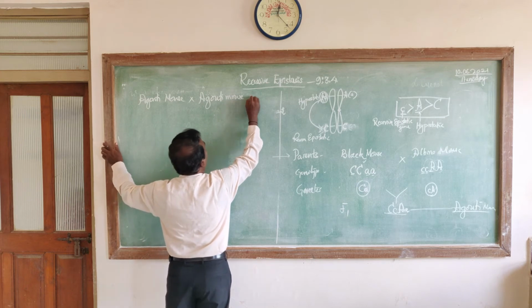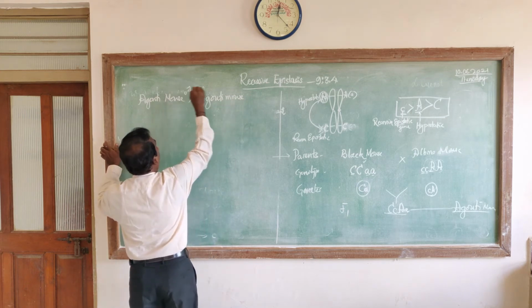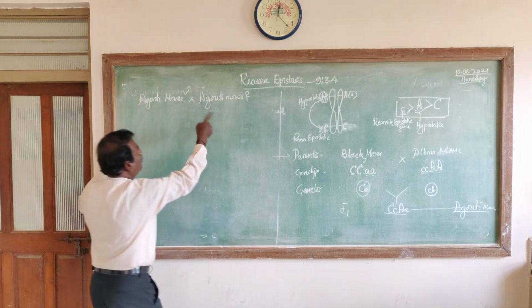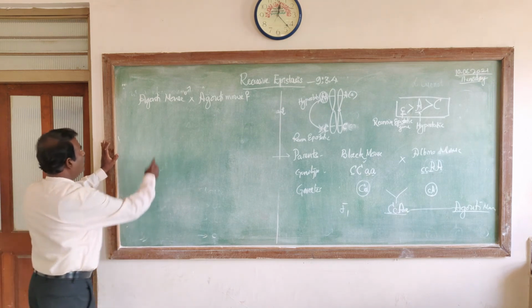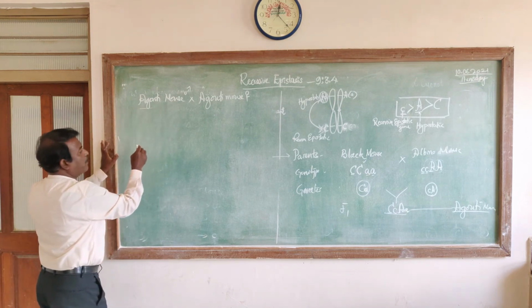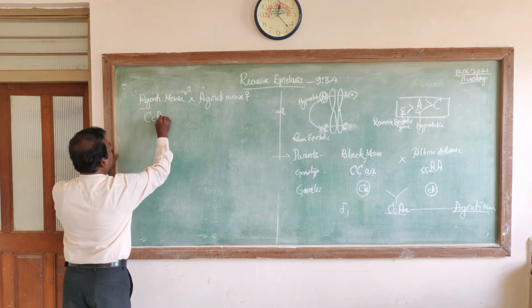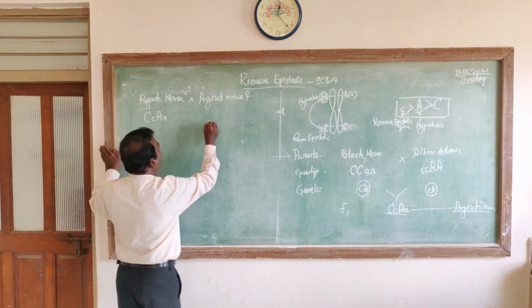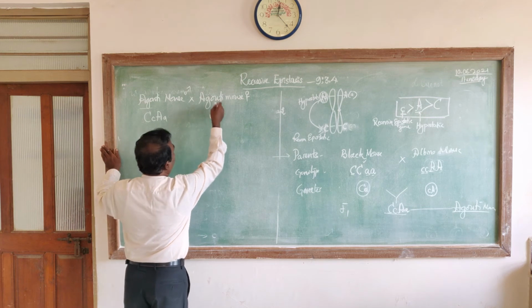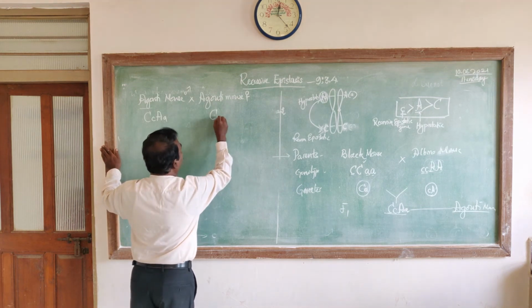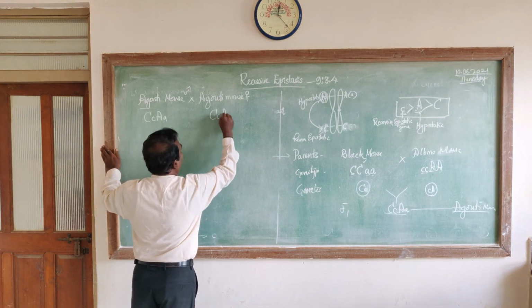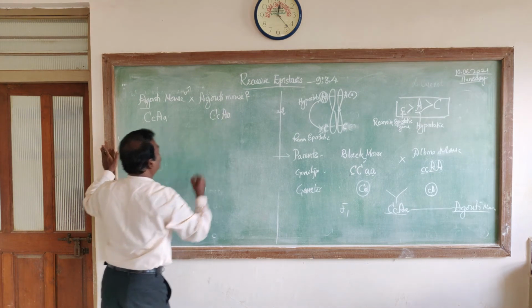Please try to understand, one should be male, another should be female. When these two are selfed, look at it. It's a genotype, I need to write the same genotype. You can write it here: capital C, small c, capital A, small a. And here that is again the same, because it is the agouti of the F1 generation only: capital C, small c, capital A, small a.